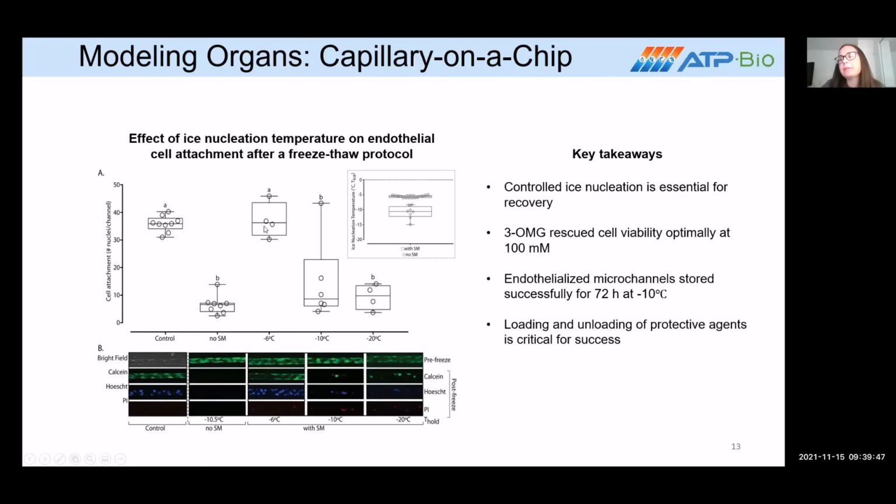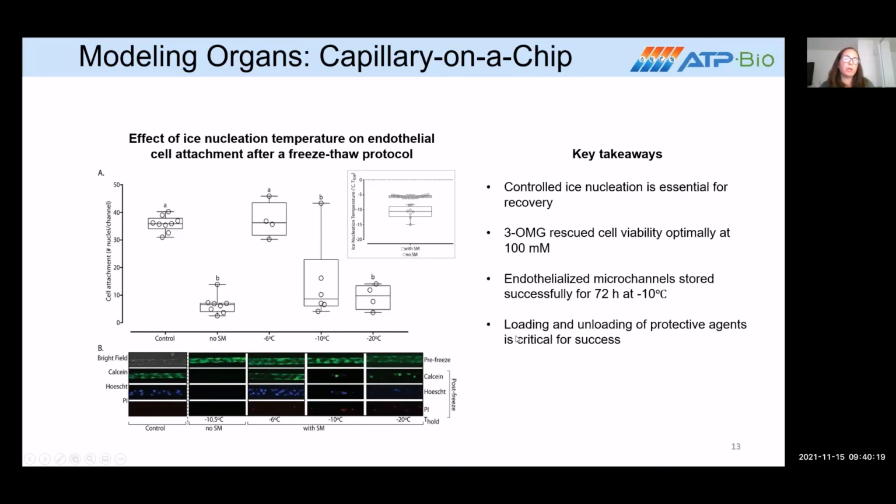But if you add ice nucleators and initiate ice at a relatively high temperature, you can actually preserve endothelial cells without any other cryoprotectant agents, just by that controlled freezing process, to the point where it's equal to controls. But as you go down into deeper storage temperatures, you remove that protection. And that's when you need the addition of other cryoprotectant agents like 3-OMG and others to rescue preservation of those endothelial layers.